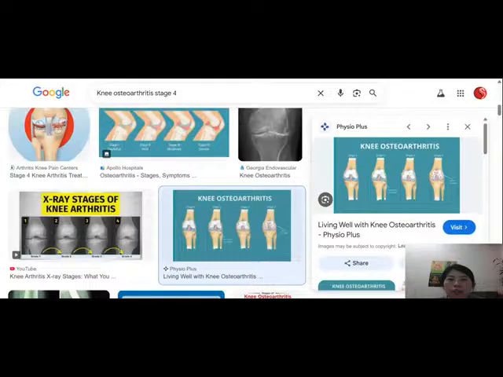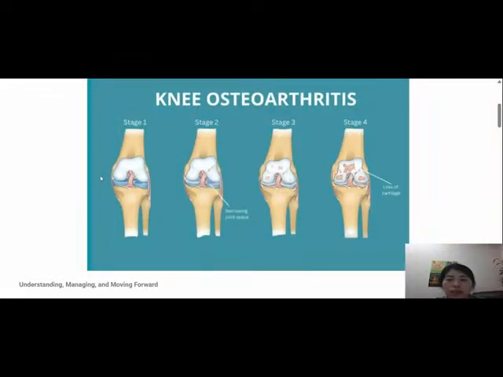As you can see here, that's more easy to observe.